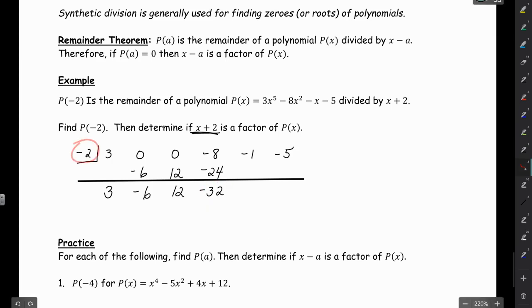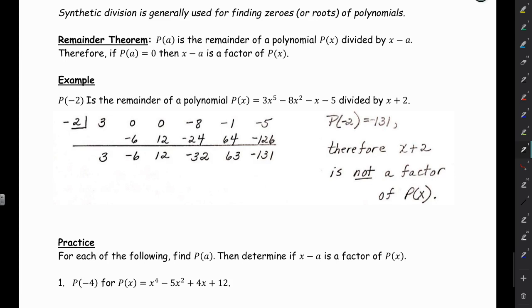Negative 32 times negative 2 is going to be 64. Negative 1 plus 64 is 63. 63 times negative 2 is negative 126. And negative 5 minus 126 is 131. Since we got a remainder, the remainder is not 0, we know that x plus 2 is not a factor.